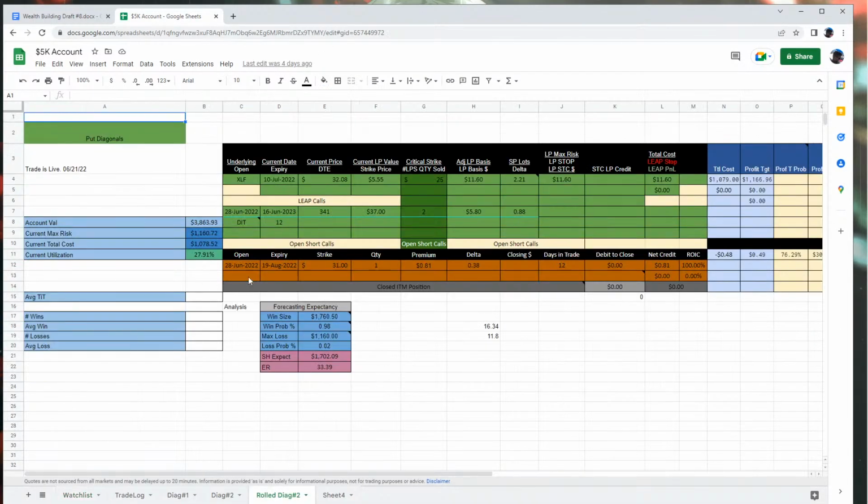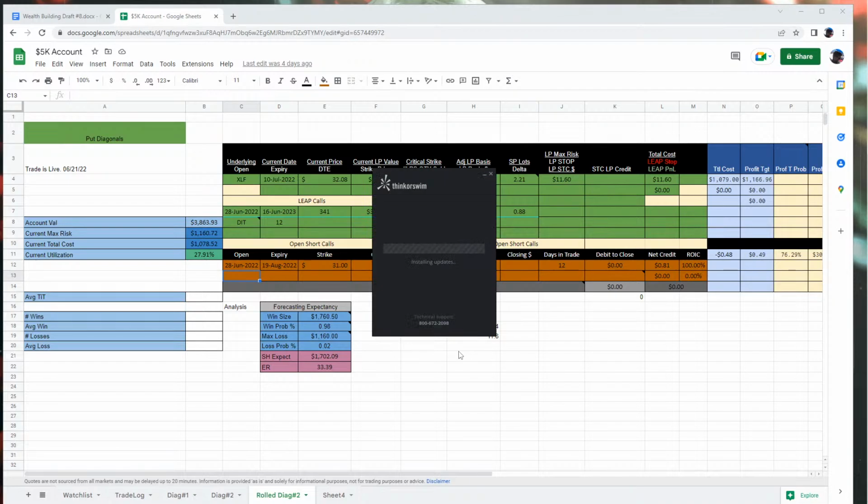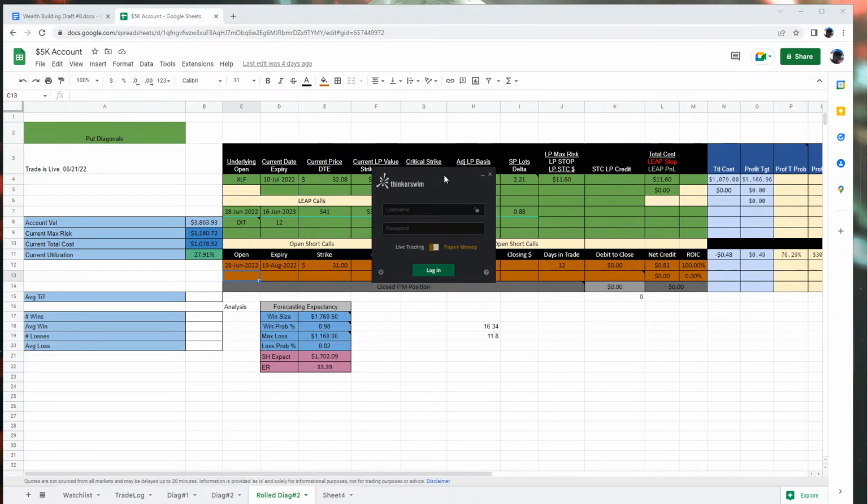So I need to add in my latest trade over here. Put it in. Because I made a trade here recently that I thought was kind of fun, kind of cool, kind of interesting on XLF.